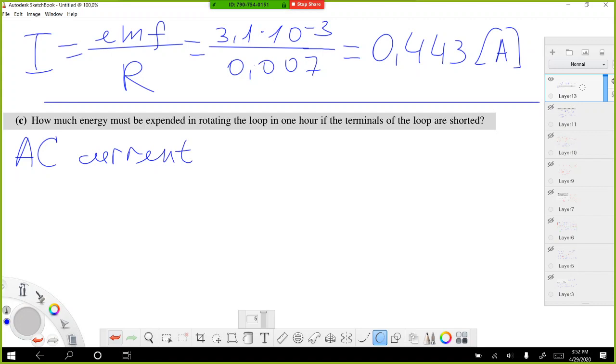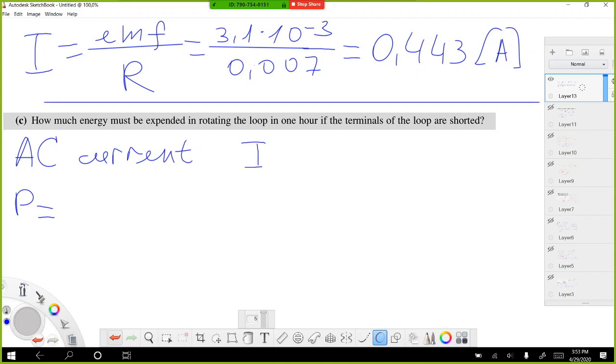In AC current, while calculating the power, we use the effective value of current, effective value of electric motive force.